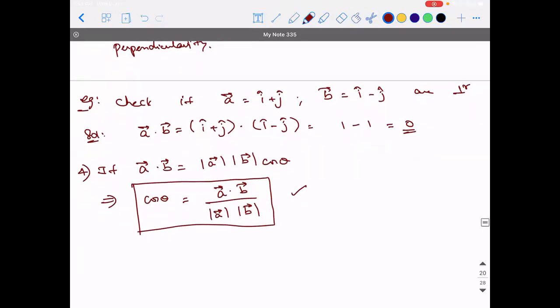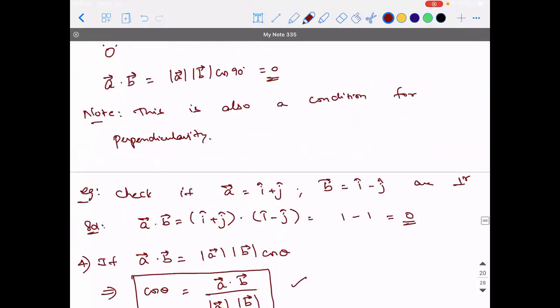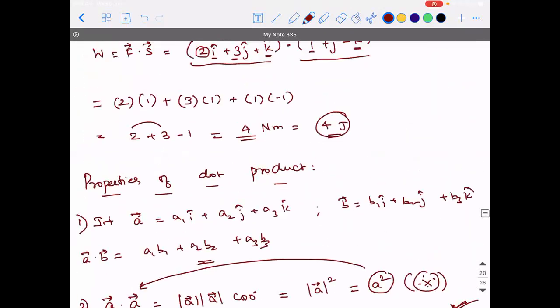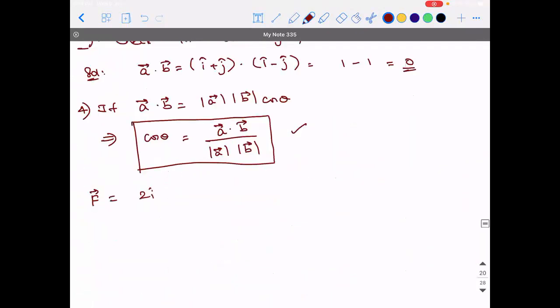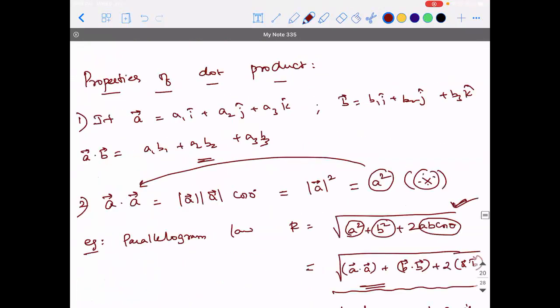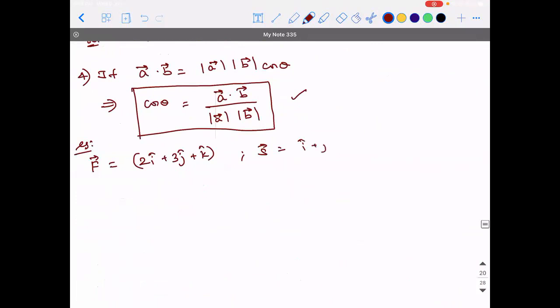Let us take an example itself. F vector, how much is it given in that problem? 2i cap plus 3j cap plus k cap. S vector is how much? i cap plus j cap minus k cap. So what is going to be the angle between them?